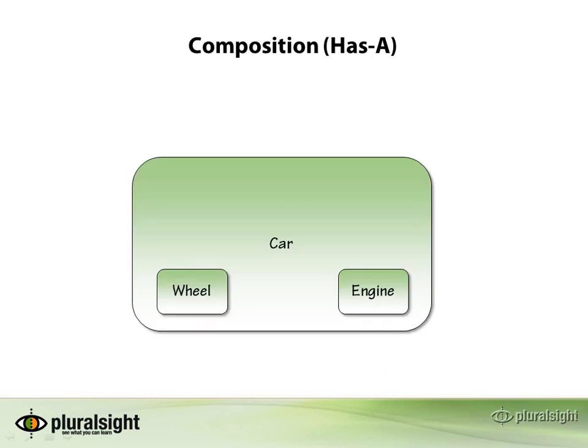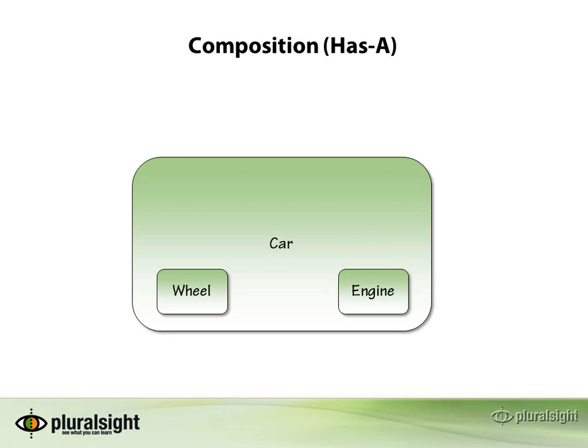So now let's look at composition. Composition really is a much simpler topic. It is something that I think we understand a little bit easier, which is basically that something is made up of some other parts. In this example, I've got a car. And inside my car, you can see I've got wheel, I've got engine. A car is made up of these things. So you have a car, and then a car contains some wheels and contains an engine.